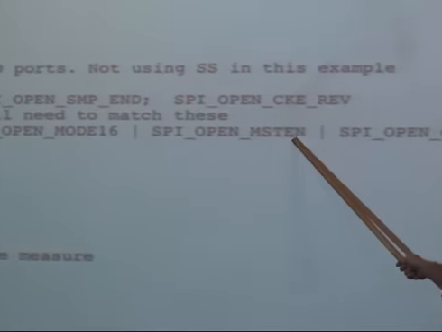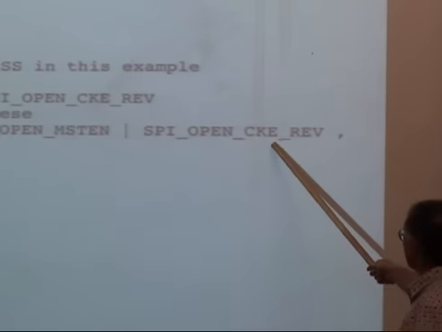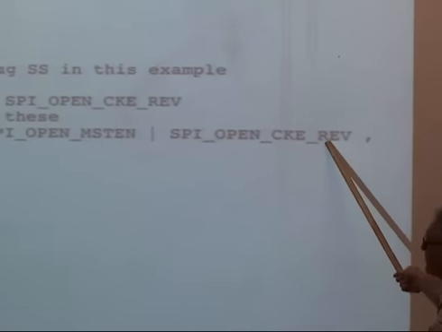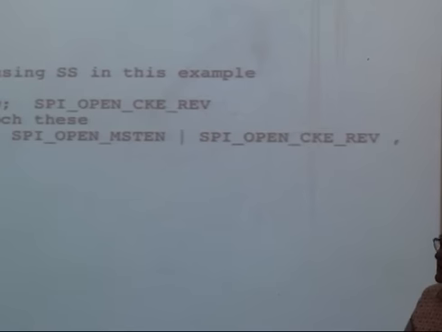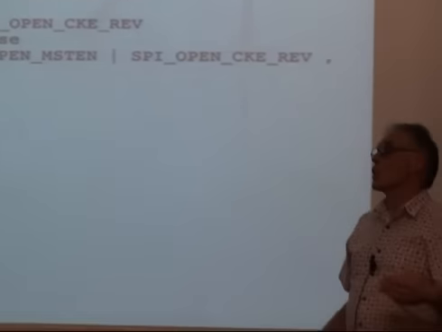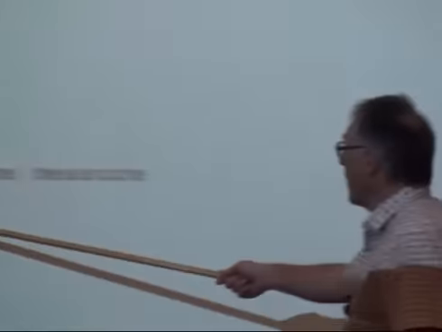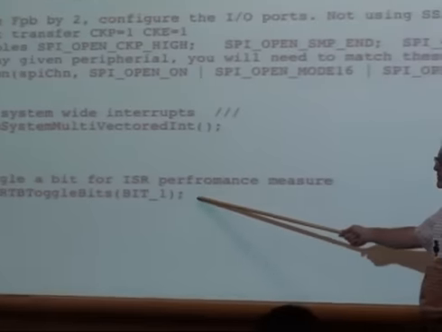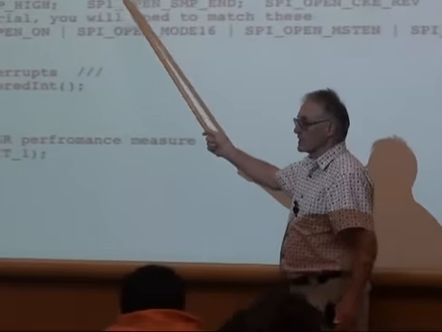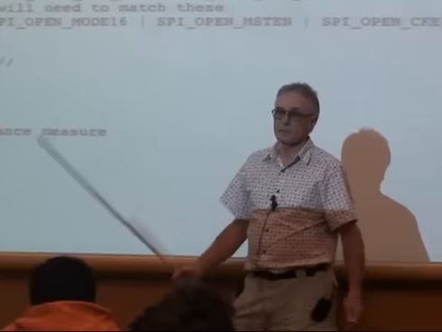Do a master enable and do a clock enable reverse, which happened to be the clock phase option which worked. Try the other clock phases, see what happens. Turn on interrupts, and while we're doing nothing, because for this simple example, everything is happening in the interrupt service routine.